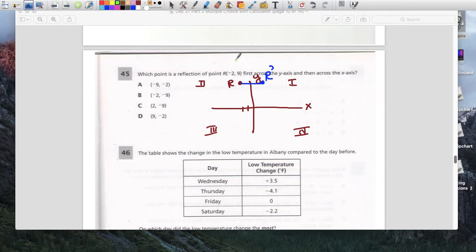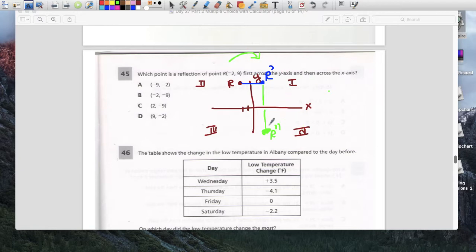Our first reflection went from quadrant 2 to quadrant 1. Now we're going to go from 1 to 4 because we're going to jump over the x-axis. So the reflection of R prime is all the way down here, the same distance. And we're going to call that R double prime.